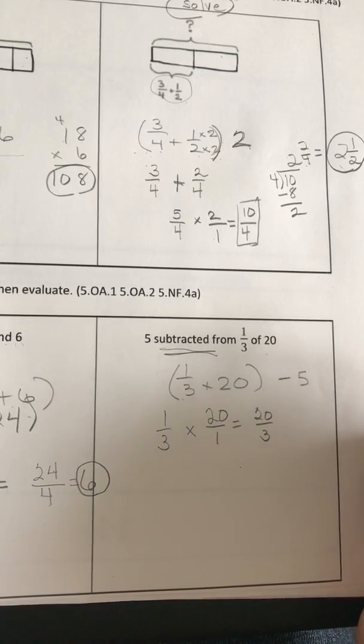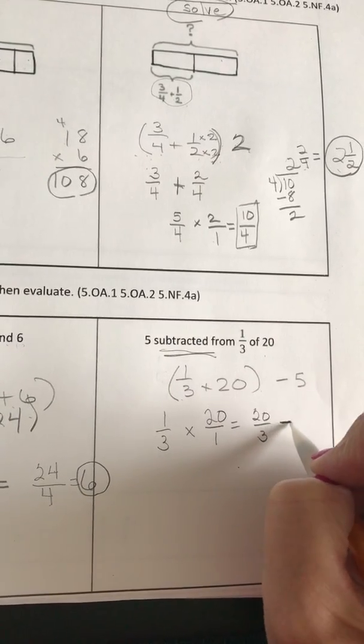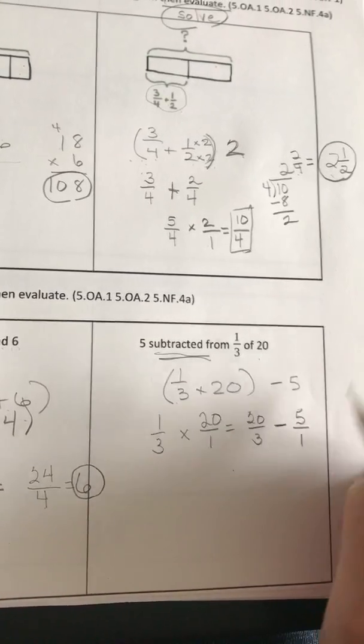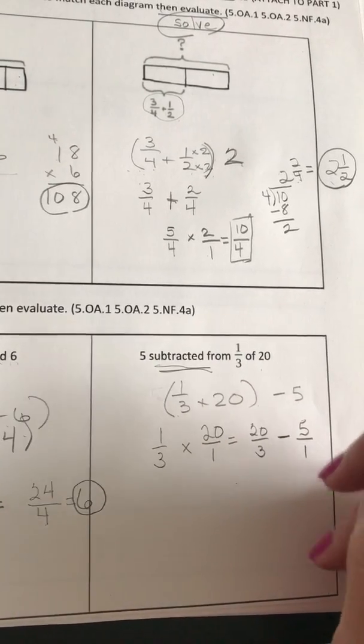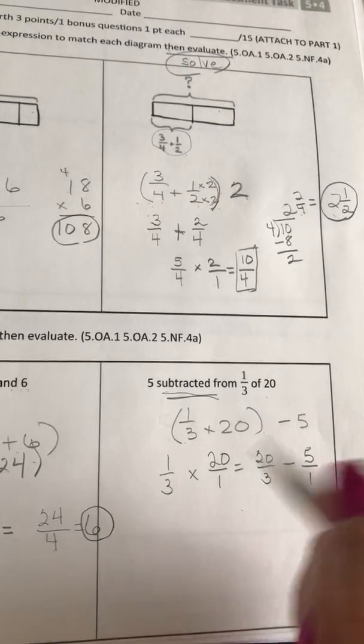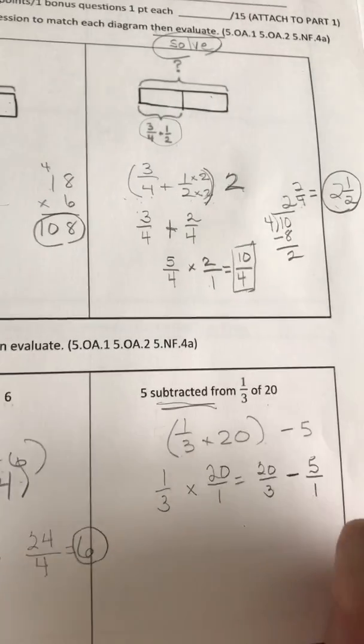Okay. Minus 5. That's a whole number. You can go like that. But I don't have a common denominator here. How can we do that?